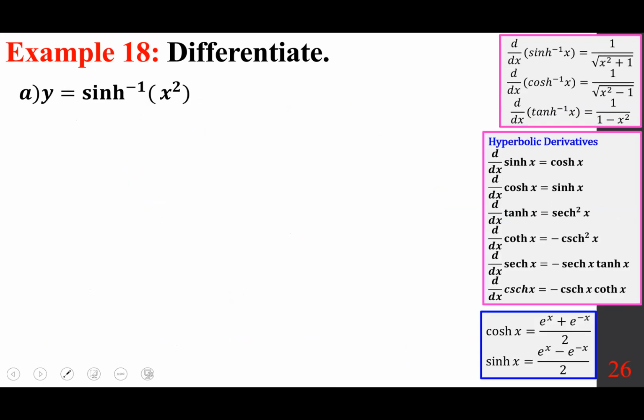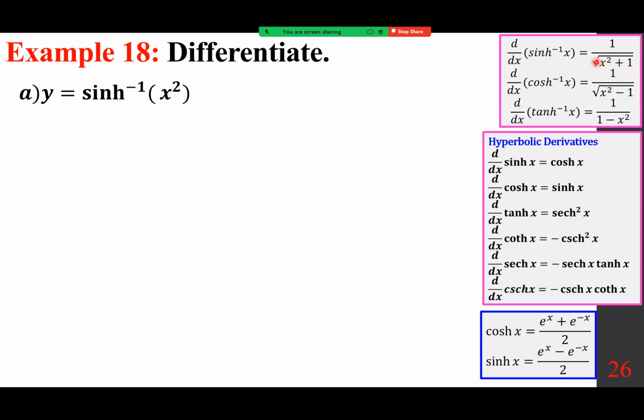All right, lightly, we're going to go over the inverse of hyperbolic functions. So, for example, y is sinh inverse of x squared. As you may recall, for sine inverse, the derivative was 1 over square root of 1 minus x squared.